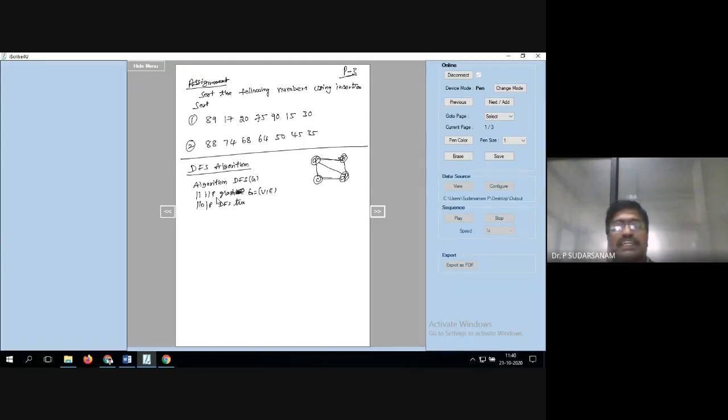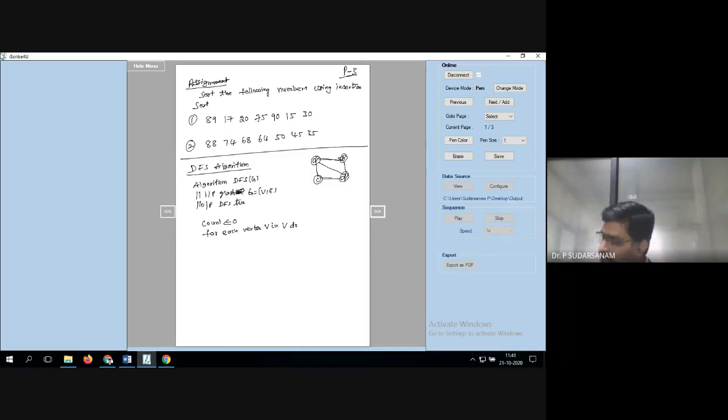Initially, what you have to do is count is equal to 0. Write it. Whatever algorithm, solve it easily, I have told you, so you see the algorithm differences also. Now for each vertex, loop: for each vertex V in capital V do. This is the entire graph, and small v is nothing but the vertices.